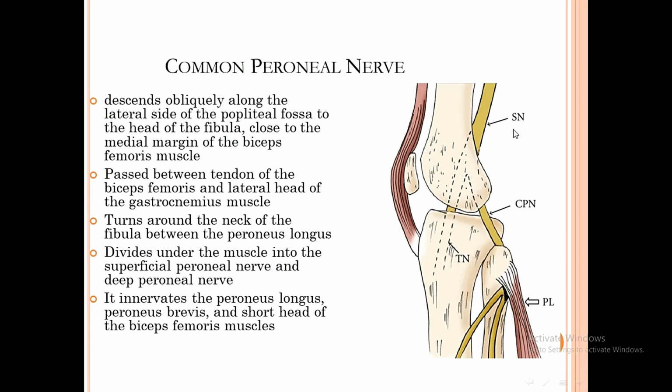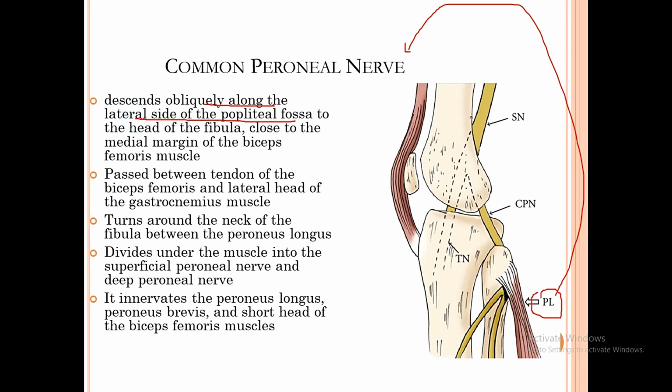Now the common peroneal nerve, this interesting relationship as we discussed before also, it's winding around the neck of the fibula and passing through the head and dividing into branches. See here, also known as fibular nerve or peroneal nerve. So first of all, it descends obliquely on the lateral side of the popliteal fossa.